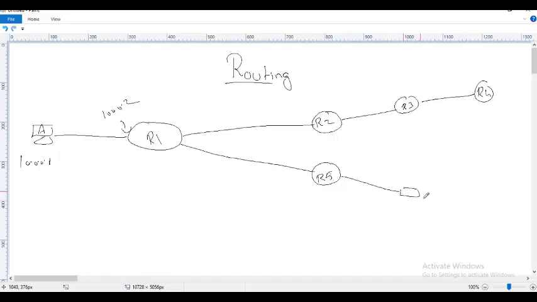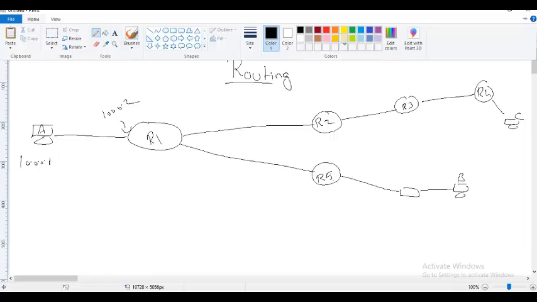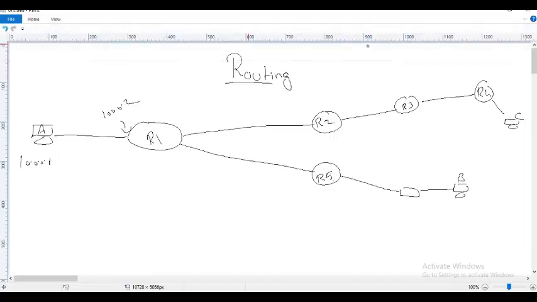And I have a switch here and I got a computer B. I got a computer C. And these are not in the same network. That is why we need routers. Let's say this is in 20.0.0.1 IP.